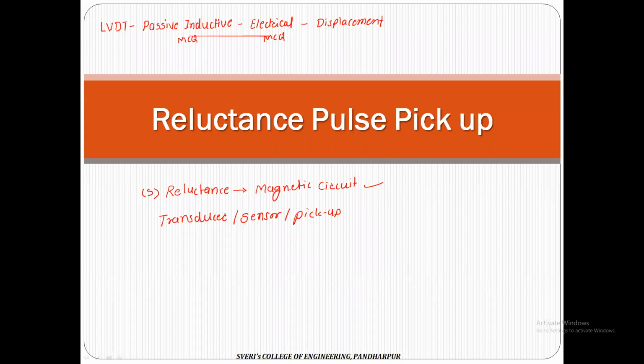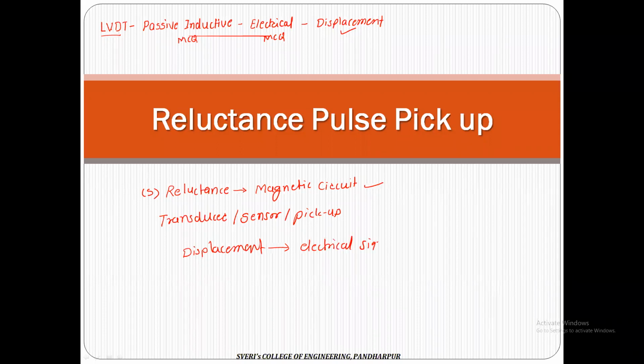Now see the basic construction. Just like the LVDT, this reluctance pulse pickup can also be used for the measurement of displacement. It means that the reluctance pulse pickup will measure the displacement, a mechanical quantity, in terms of an electrical signal.